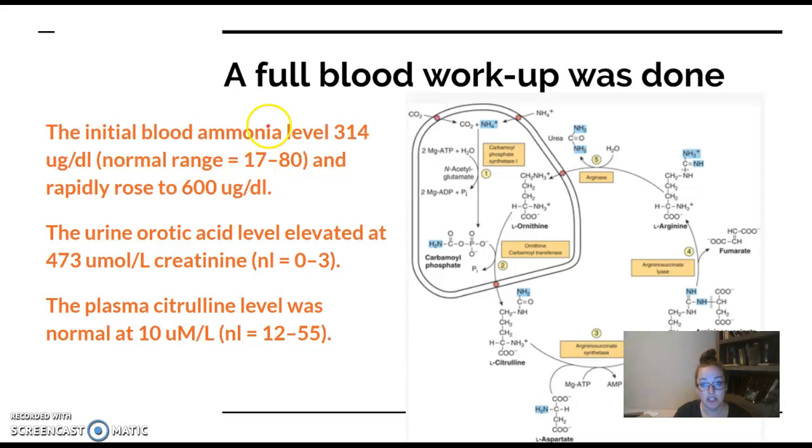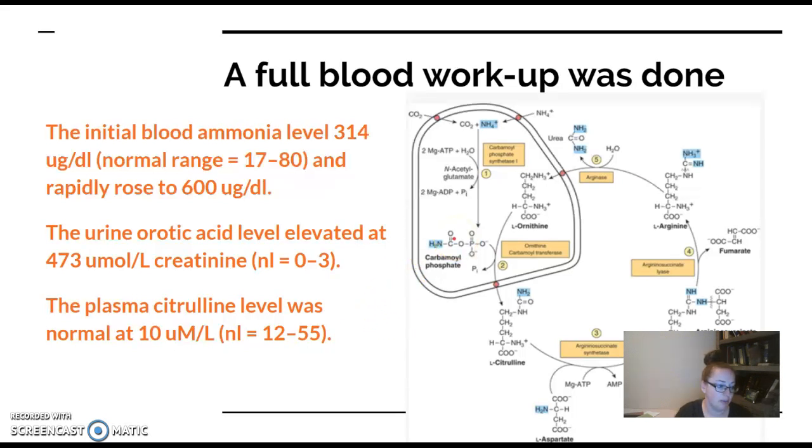It's an indication that carbamoyl phosphate is accumulating because of a deficiency in the urea cycle here. So this excess carbamoyl phosphate would be used to synthesize pyrimidines in a separate pathway, and that's what's going to produce that extra orotic acid.